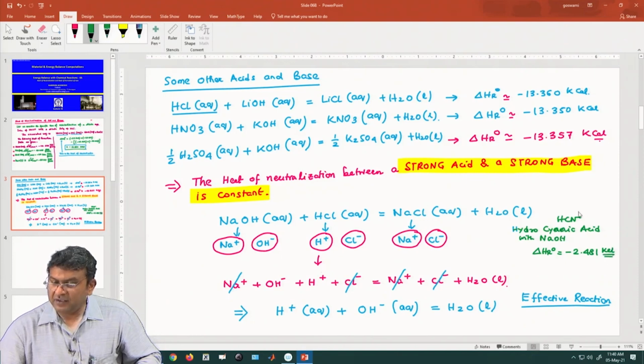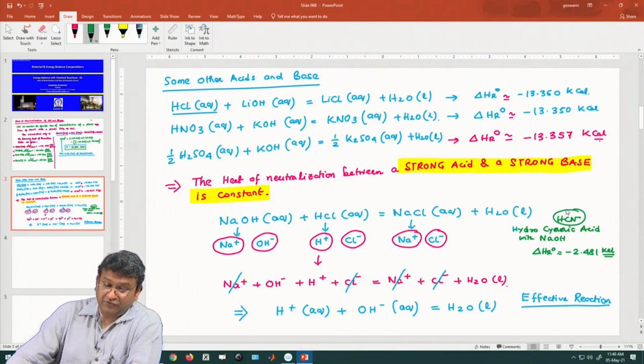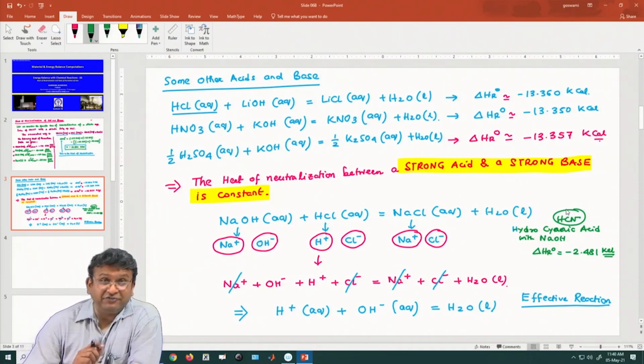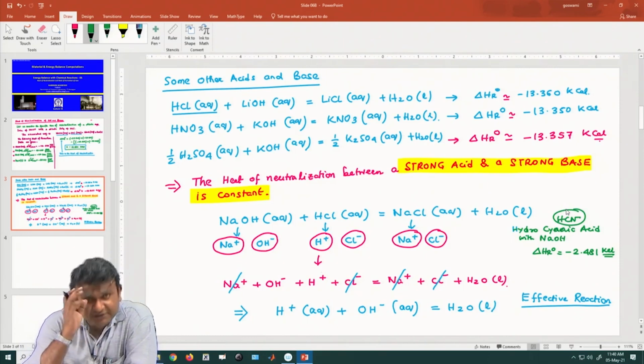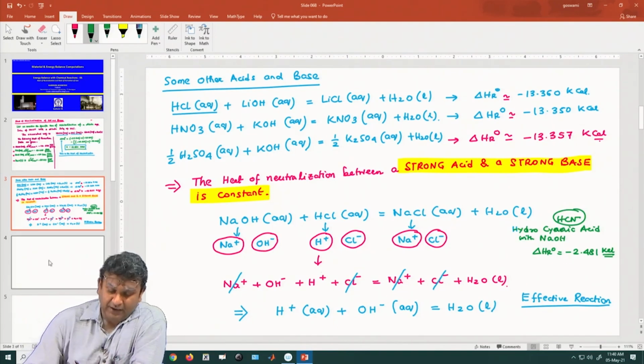And now, I guess you all understand the reason why you have a lower value of the heat of neutralization. That is easy actually, but it is very interesting that the heat of neutralization between all strong acids and strong bases have exactly the same value.